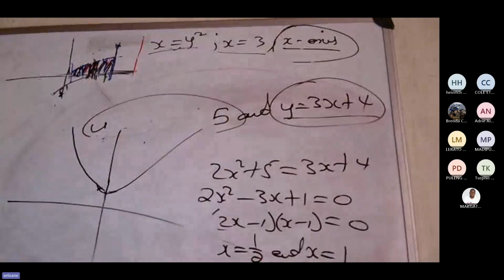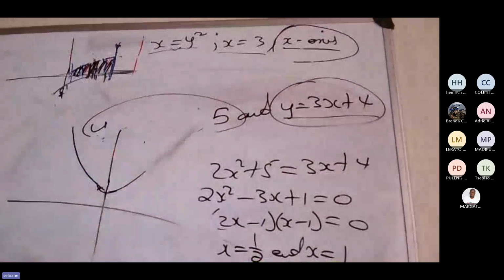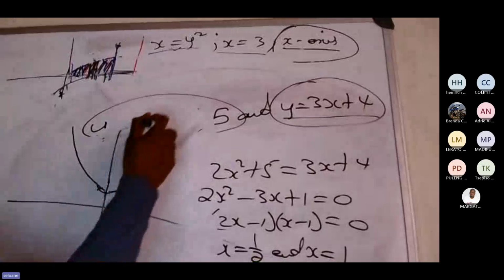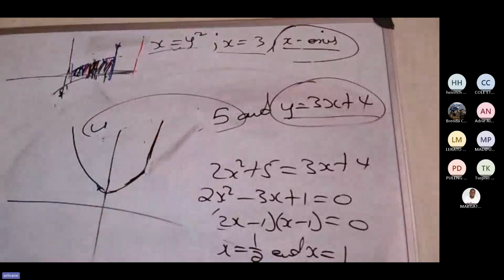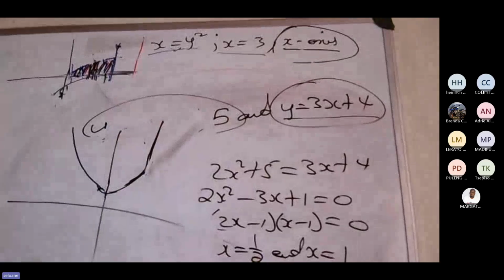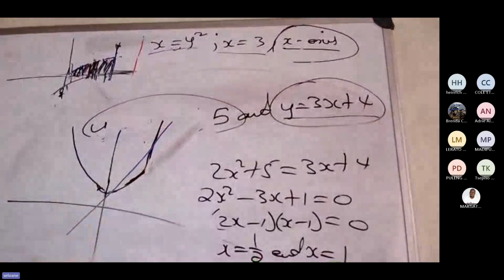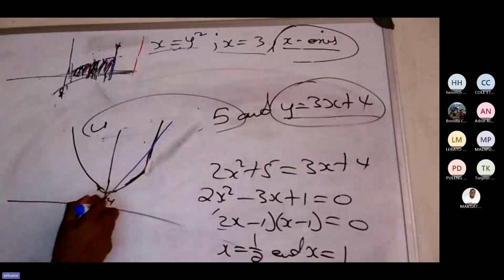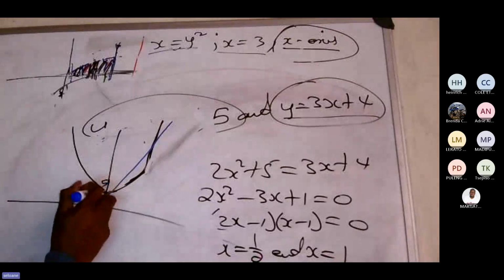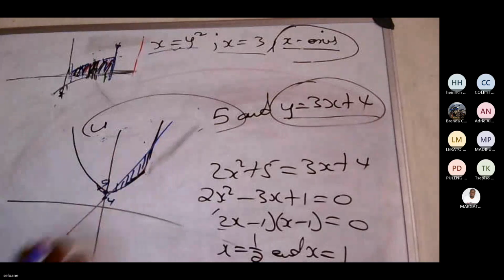And then the other one, let me just do it something like this. Good. Hopefully you can see. Then the other one must be exactly something like this. This is 4 and this is 5. Then from there, we are talking about this region.